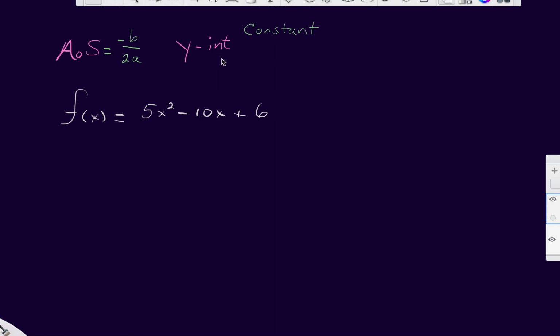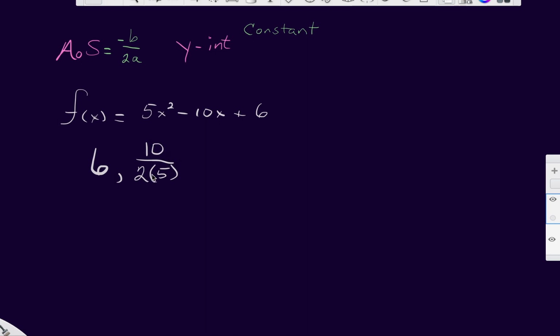We're going to be able to pick things out right away. The first thing you're going to be able to pick out is your y-intercept. And your y-intercept is right here. It's that constant. So the answer to that is just going to be 6. It's going to have that listed, and then it's going to have a comma. And what do we have to do next? Well, we have to do a little bit of math. Negative b, we see b here is negative 10. Well, negative 10 ends up being positive 10 over 2 times a, and a happens to be 5 here.